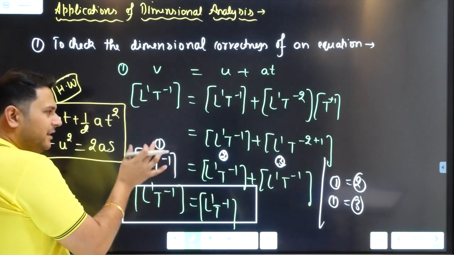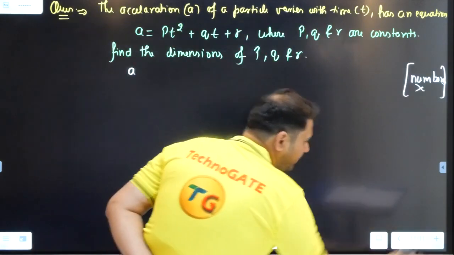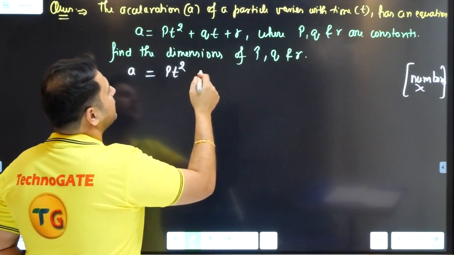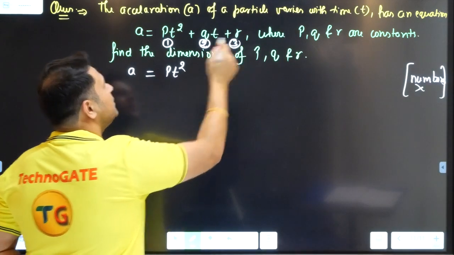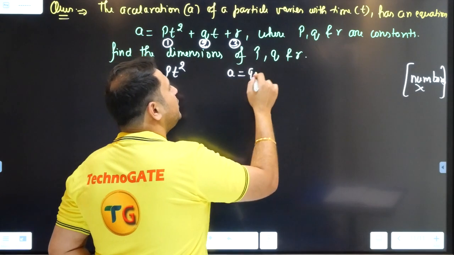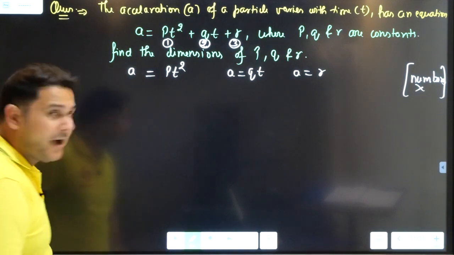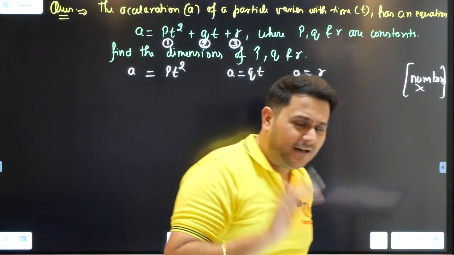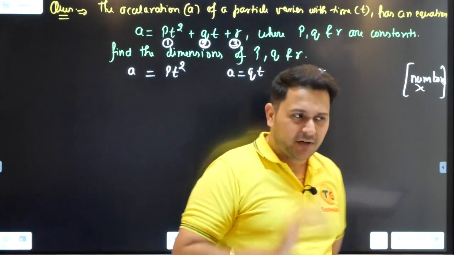Similarly, LHS is equal to RHS for all the values. Now let us say here, A is equal to PT square. Let me mark this as 1, this is your 2 and this is your 3. So A is equal to PT square, A is also equal to QT and A is also equal to R. Why? Because addition and subtraction do not make any changes in the dimension analysis. I am repeating it, right guys?